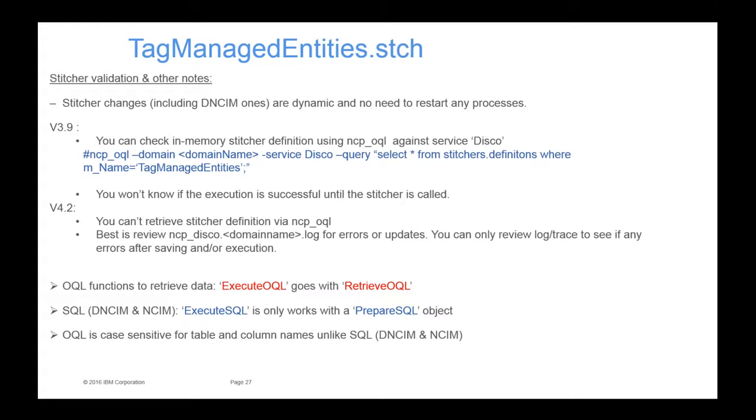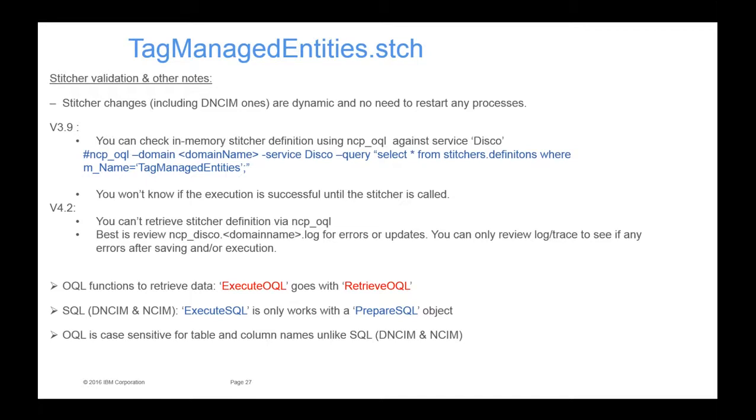In OQL, execute OQL goes with retrieve OQL. Retrieve OQL retrieves a set of entities from any table, and then you execute, either updating that particular table or whatever that is. The equivalent for SQL, you can be using DNSIM or NSIM, right? You may have stitchers that call data from the NSIM database. It is the same thing for DNSIM as well. There is nothing different.